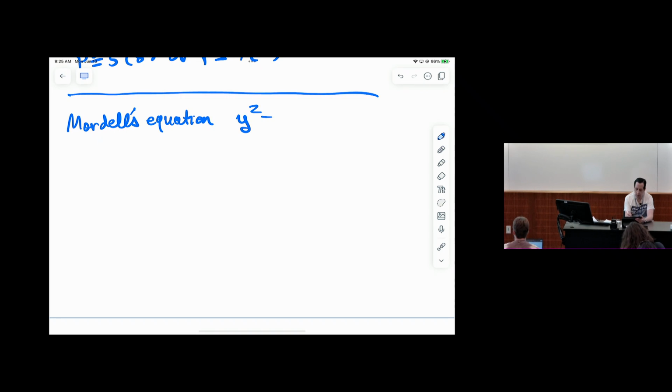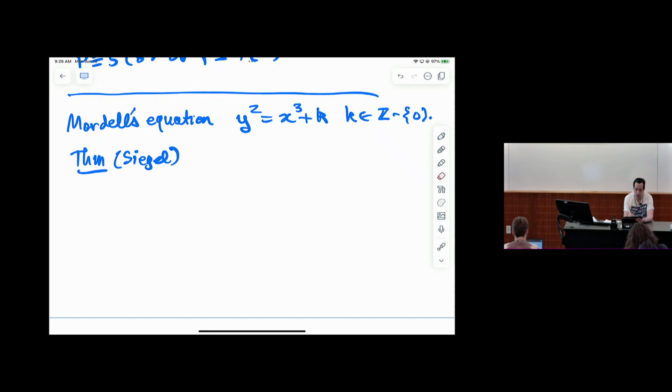It's really a family of equations. Y squared is x cubed plus a constant k, where k is an integer, usually taken not to be 0. And there's a famous theorem of Siegel that such an equation only has finitely many, possibly no, integer solutions.